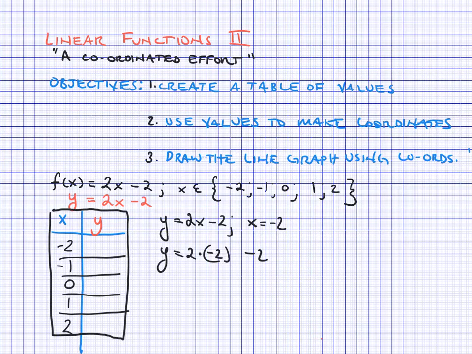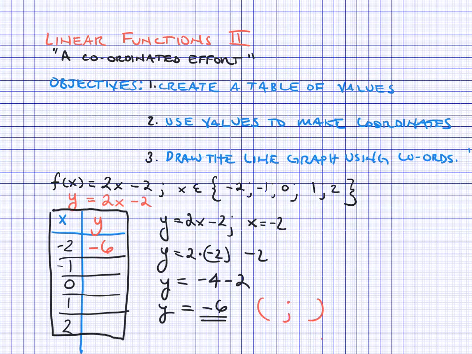We're going to see a lot of 2's in this expression once I substitute, but don't be confused. And be very, very careful as always with your integers, because our final result is going to be minus 6. Once I have the minus 6, I'm going to put it in here, and I now have a coordinate.